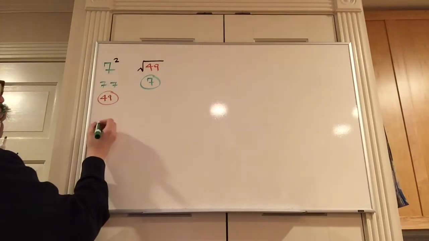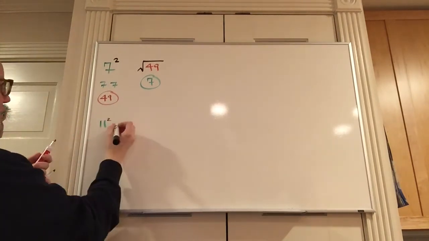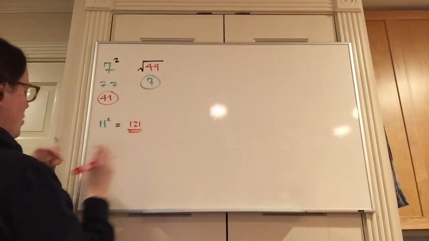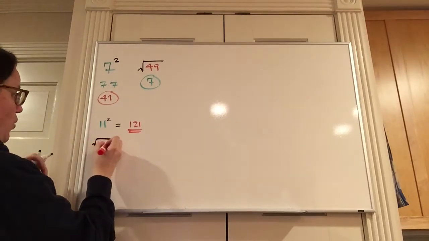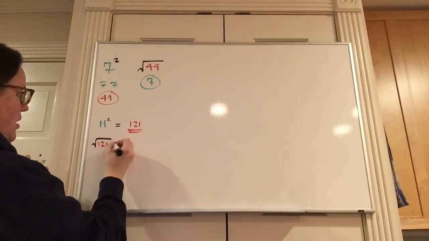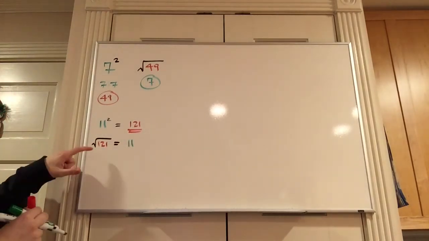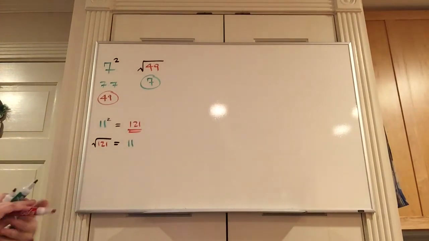If I told you that 11 to the second power is equal to 121, you would know in return that the square root of 121 had to be 11. Squares and square roots are opposites. A square root is just asking, what number do you multiply by itself to give me this number?